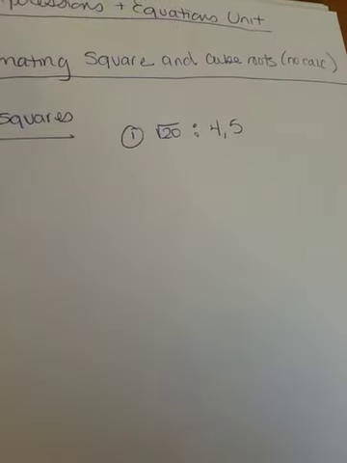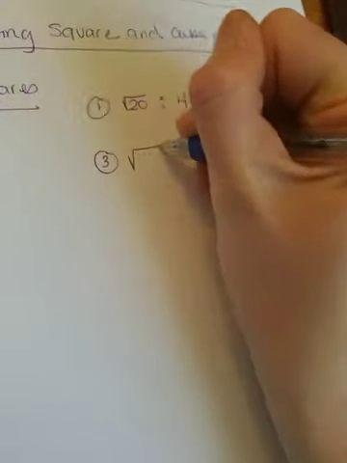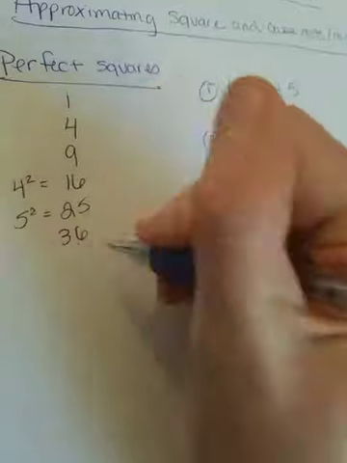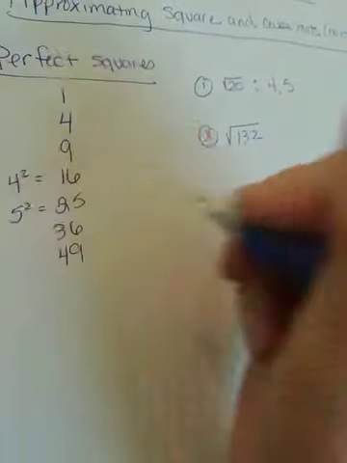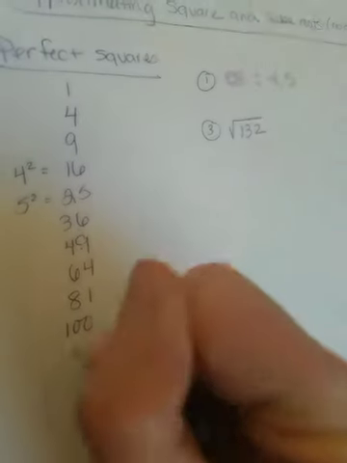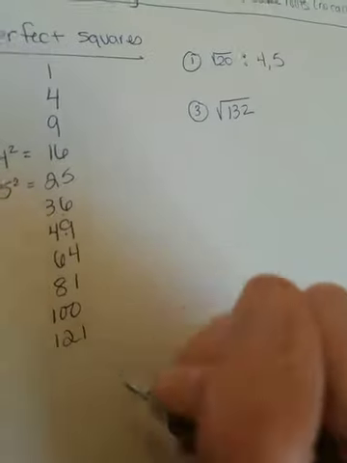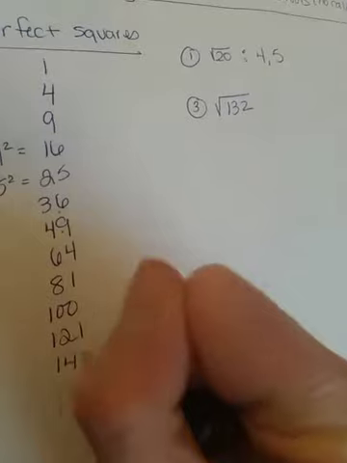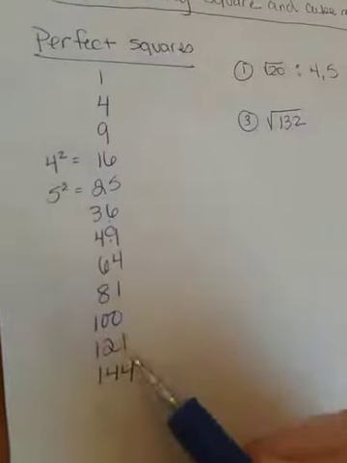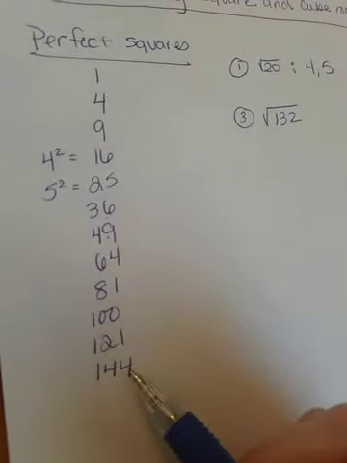All right, I'm going to look at number 3, which is the square root of 132. And I'm also going to expand this list. So I have 36, that's 6 squared, 7 squared is 49, 8 squared is 64, 9 squared is 81, 10 squared is 100, 11 squared is 121, 12 squared is 144, and I can stop just for the sake of this lesson. 132, what is that between? 121 and 144.